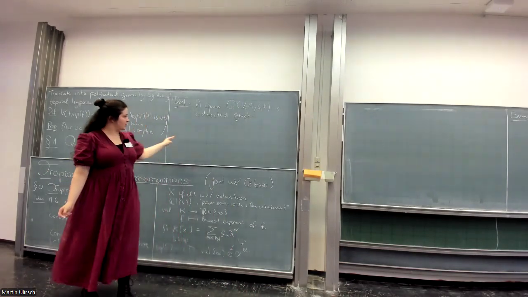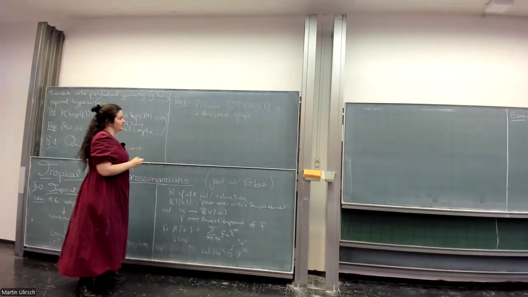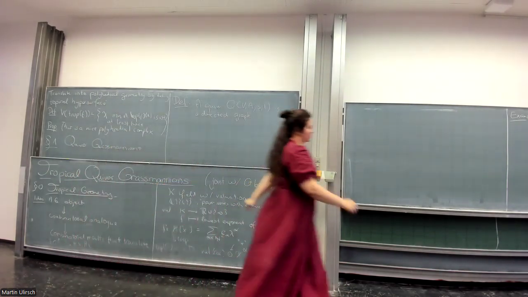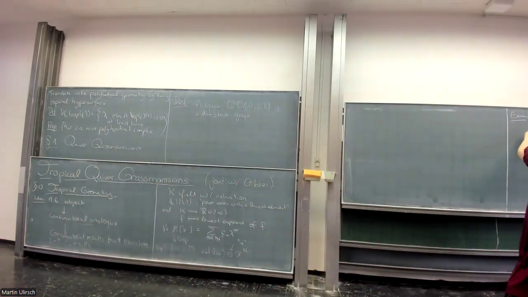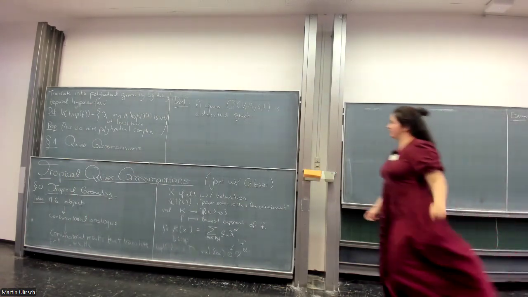Now we endow this combinatorial object with algebraic information by assigning algebraic information to each of the entries here, so to the vertices and to the arrows.